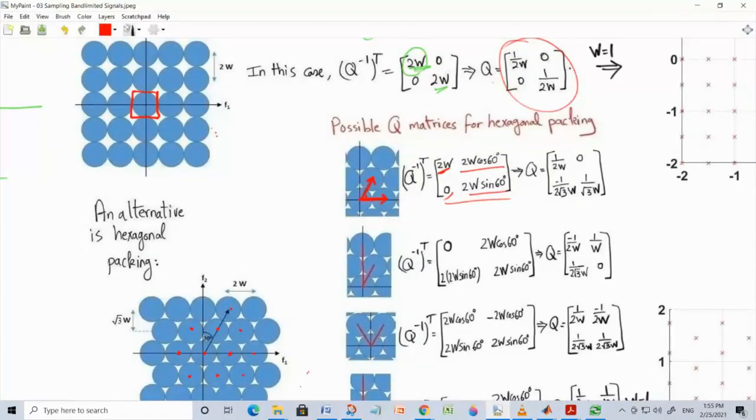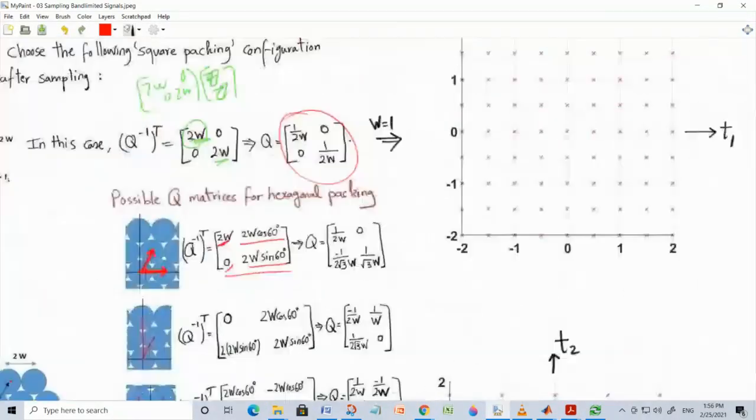In both cases, you are able to reconstruct your signal. So a better sampling scheme will be one in which you have a smaller number of samples per volume, and in 2 dimensions this will be per area. So how many samples do you take per area?